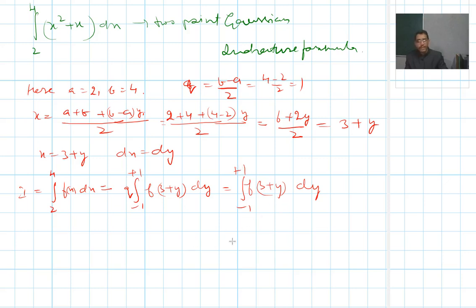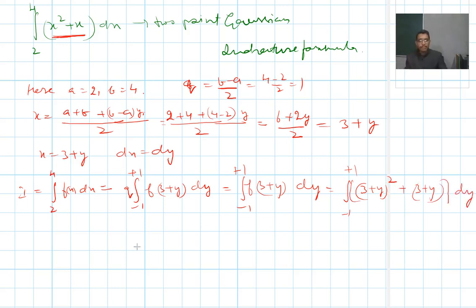So let us put their values, because this is our f of x, right? So if I put their values here, in place of x I am putting 3 plus y, then what we are getting is the integral from minus 1 to plus 1 of (3 plus y) whole square plus (3 plus y) into dy, right?